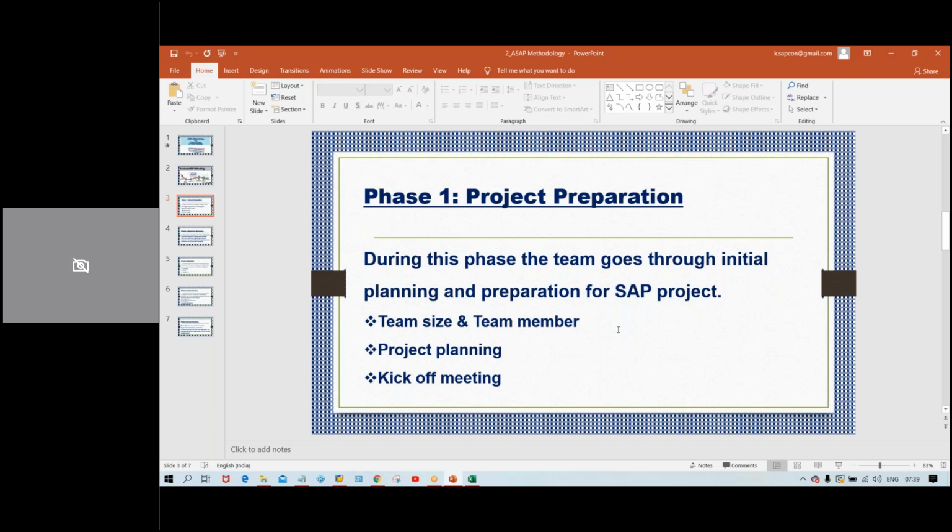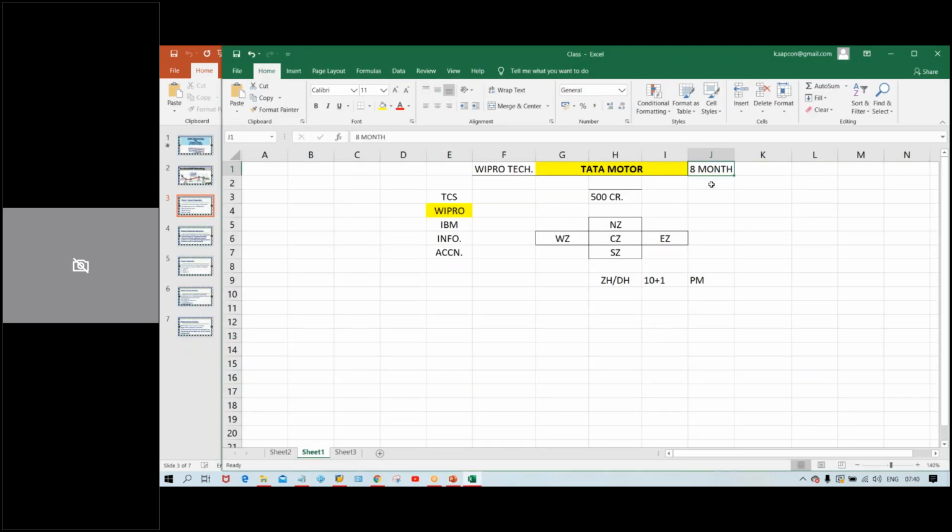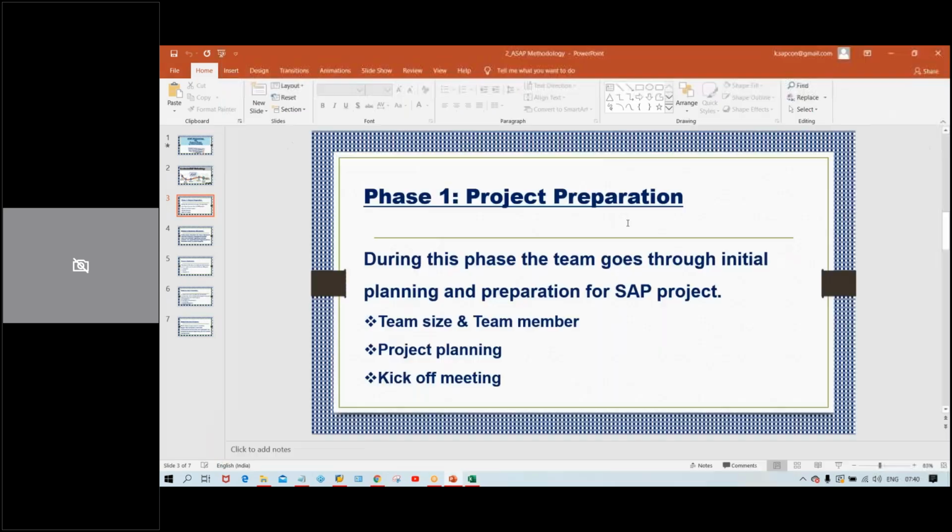How many members are required to implement this entire project, right? Let's suppose 40 members are required in order to complete this project in 8 months. So again the question is who these 40 members are, right? How is he going to get those 40 members? So in the first phase, what is happening, guys? He is going to decide the team size and team members.